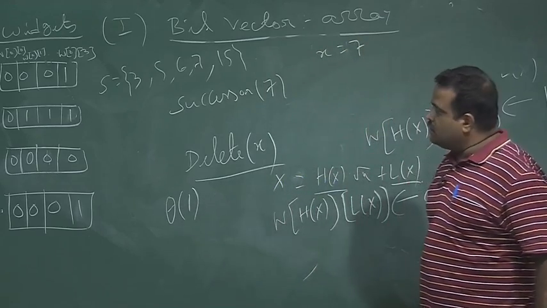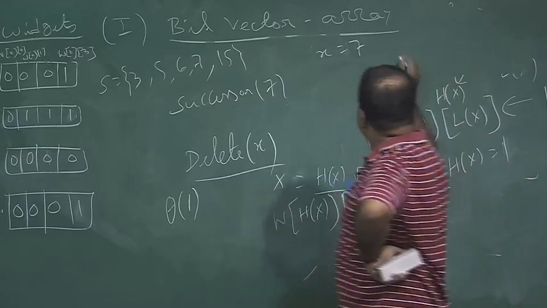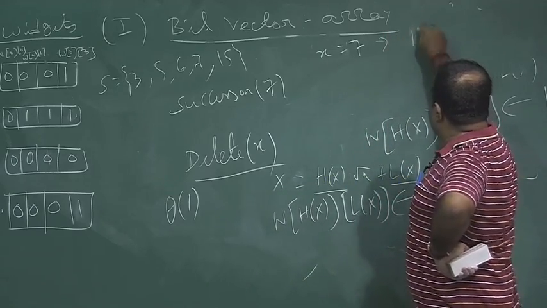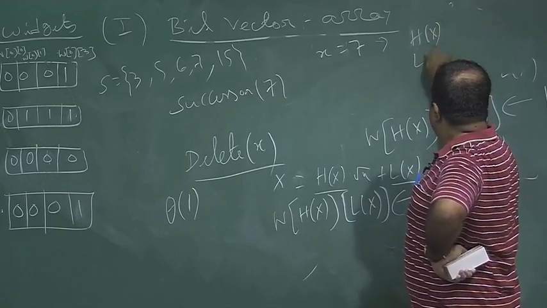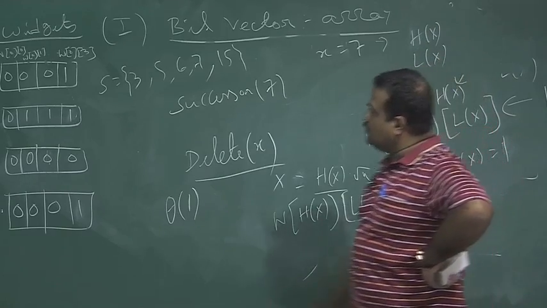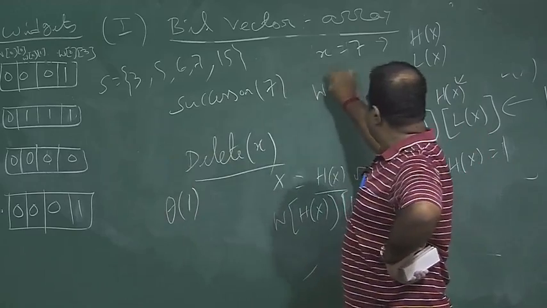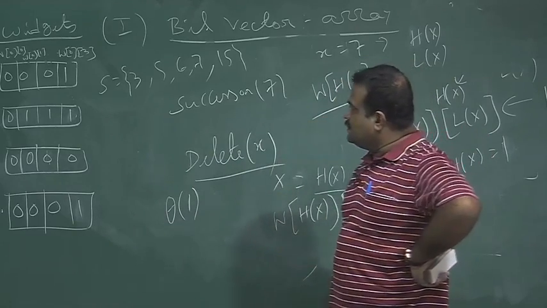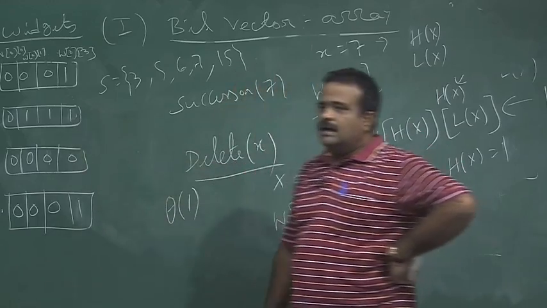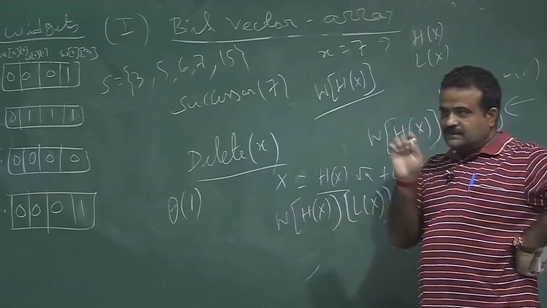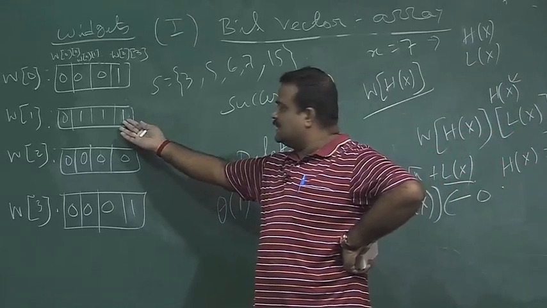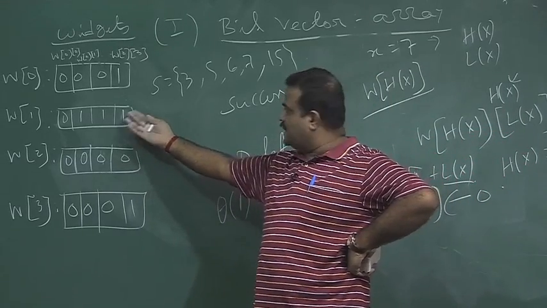Okay. So, what will we do? We first make it into 2 parts, high of x and low of x. So, we go to that W of high of x, that particular widget, and then we find the successor in that widget. If this is the last element, then no successor exists here.